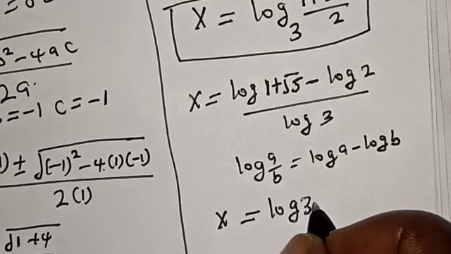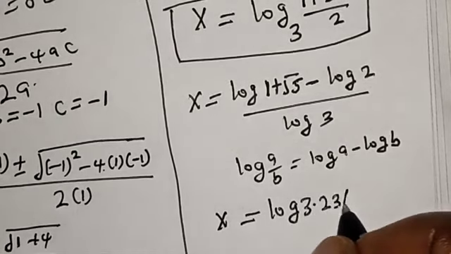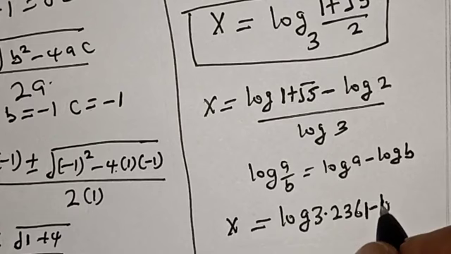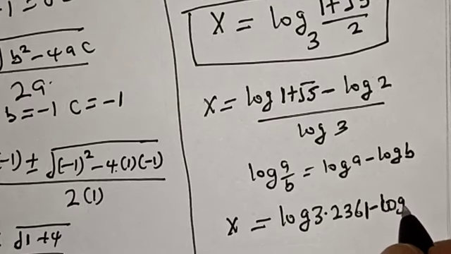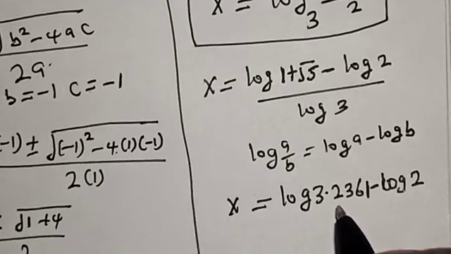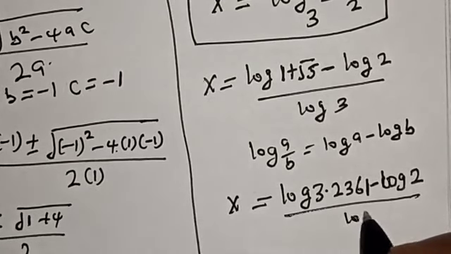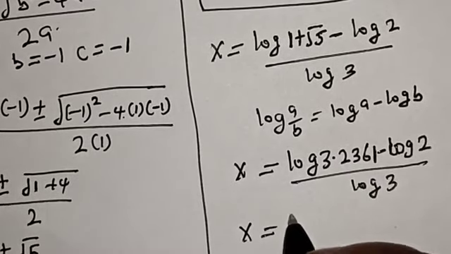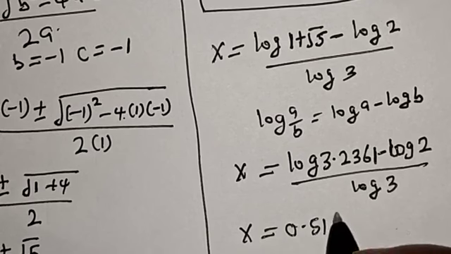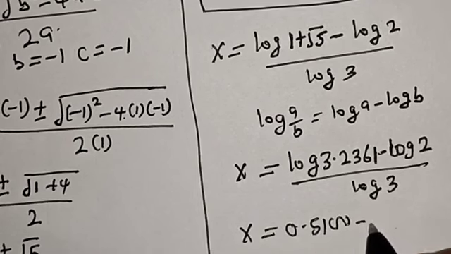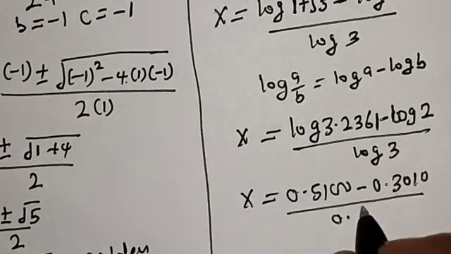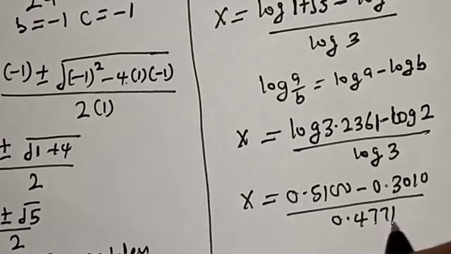Then s is equal to log 3.2361 minus log 2 over log 3. This is s is equal to 0.5100 minus 0.3010 divided by 0.4771.